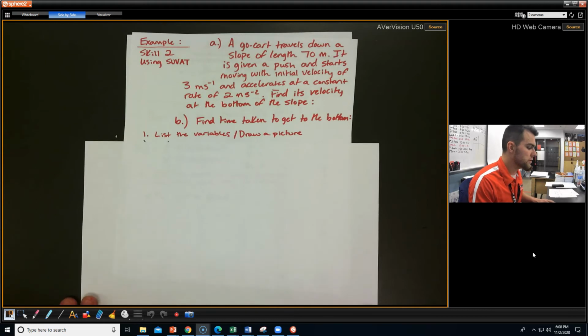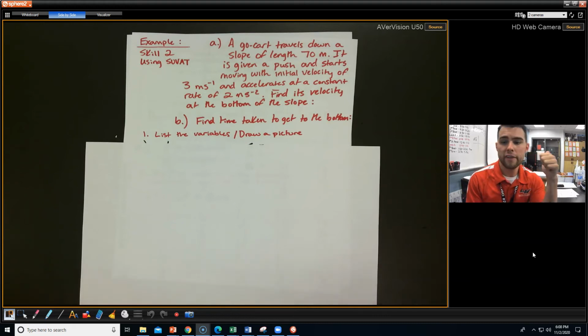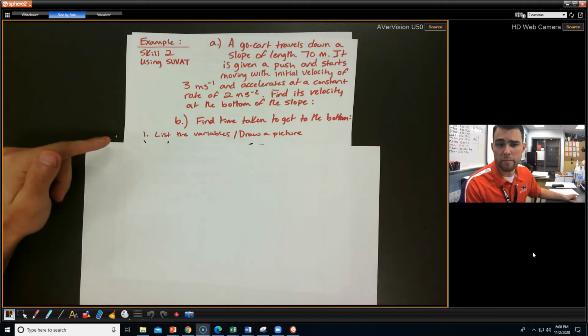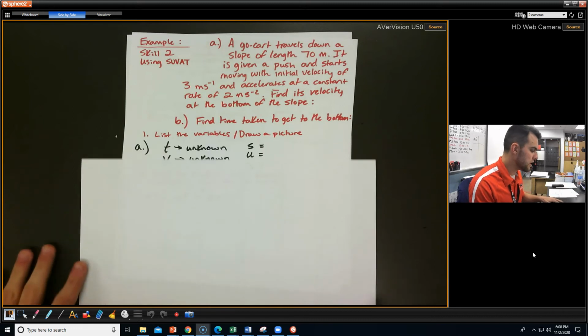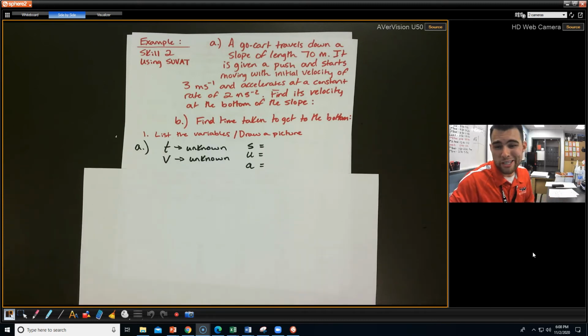Now, when we're doing these problems, there's really 2 steps to helping you solve it. First thing is first. You can list the variables, or draw a picture, or do both. Whichever you think is going to be most appropriate for this problem. Honestly, if you want to do both, you can. For the purposes of this problem, I'm just going to list the variables, okay? I'm going to list what we know. Well, we know some of this stuff, right? There's also stuff we don't know.